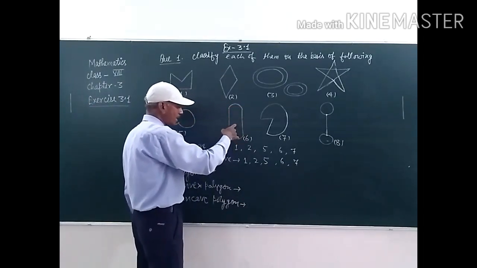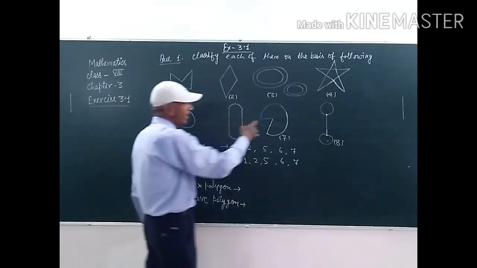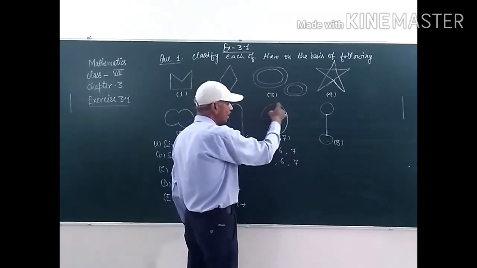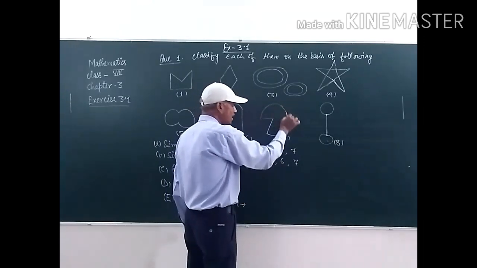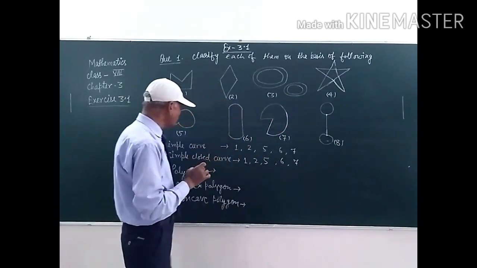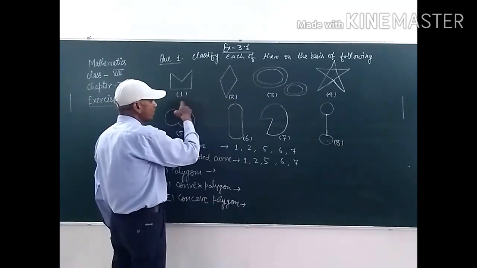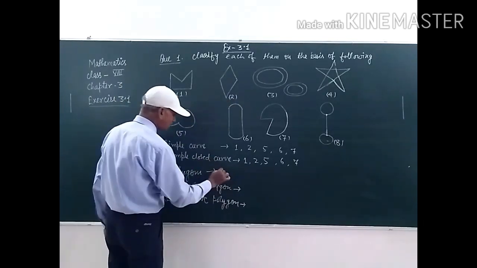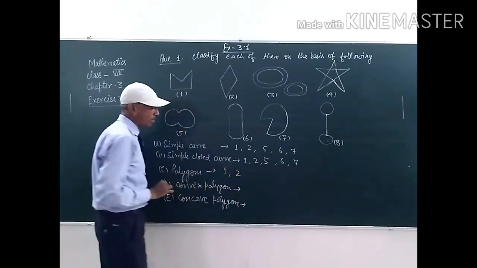So, it is not a polygon. This figure is also not a polygon, and this figure is also not a polygon, because this line is a curved line. This is not a straight line. Clear, students? So our answer is 1 and 2. These figures are polygons.